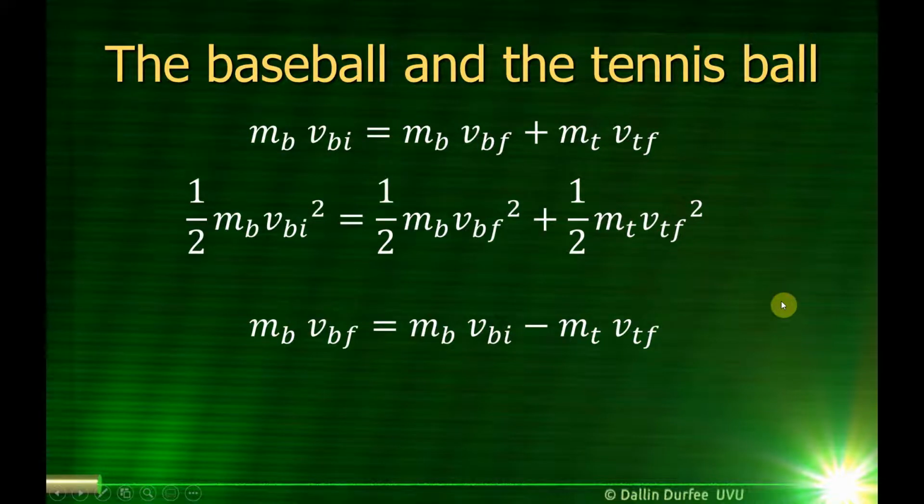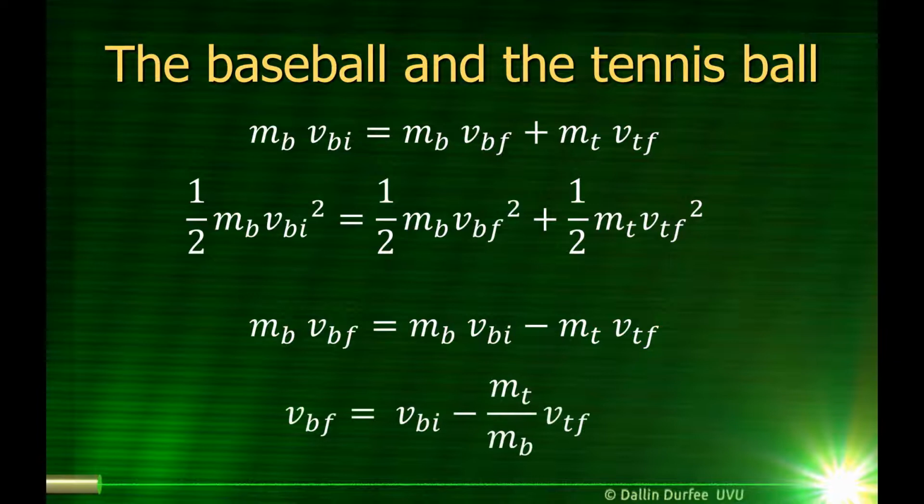And then I'll just divide by the mass of the baseball to get the final velocity of the baseball in terms of other things. Why did I solve for the baseball velocity instead of the final tennis ball velocity? Well, what I want at the end is the tennis ball velocity.